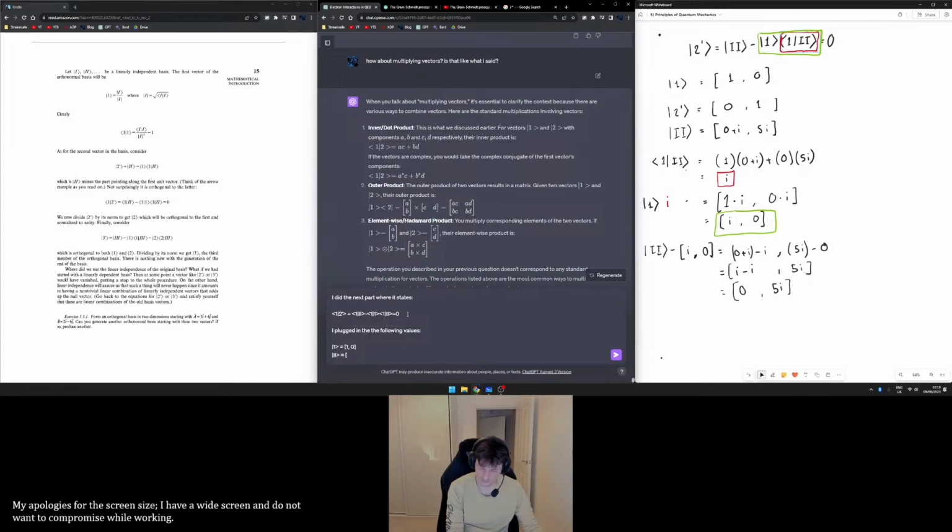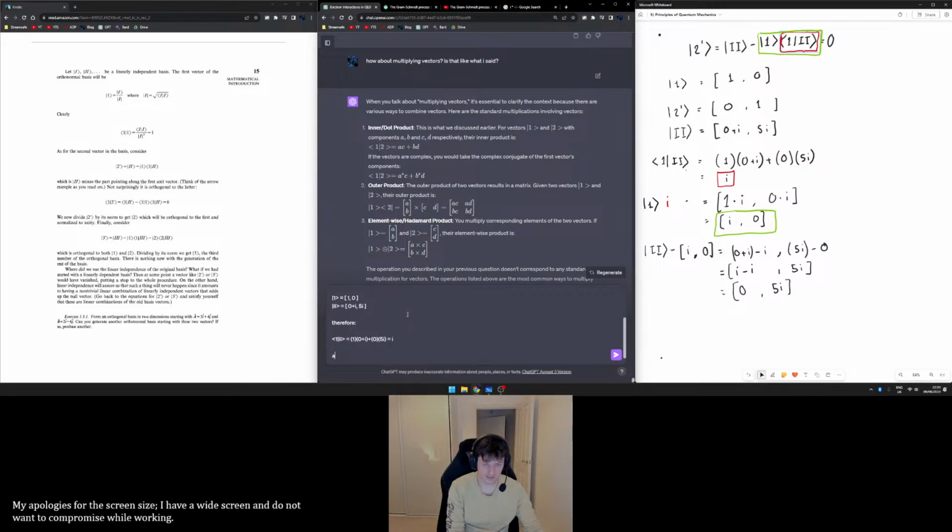II equals 0 plus I, 5i. Therefore, so therefore, 1 II is equal to 1, 0 plus I plus 0, 5i, which is equal to I.